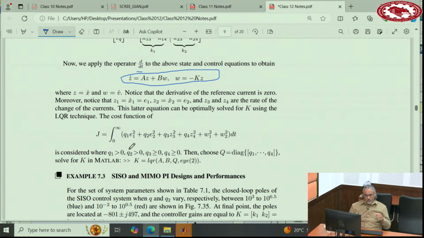And now we have 4 state variables. The first and the second one are derivatives of the output of the integrators, which will be the tracking errors, so E1 and E2. And the third and the fourth one will be the derivatives of the currents, ID and IQ. And the inputs are derivatives of the modulation index in the DQ domain.